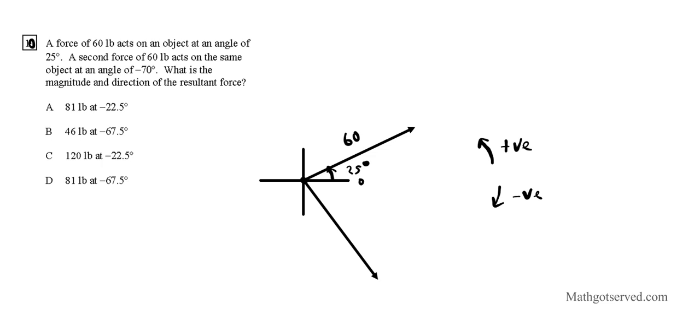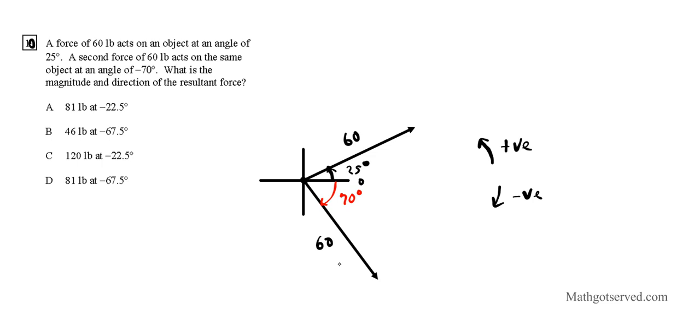This is our angular rotation of negative 70 degrees, going down 70 degrees. This is also a 60-pound vector.